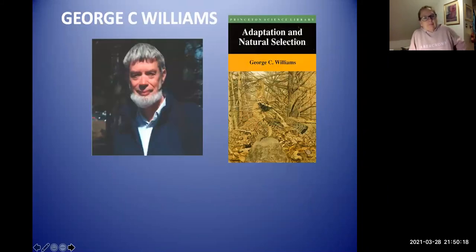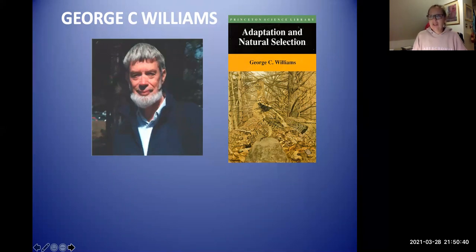And we're going to talk about George Williams. Do you know where George Williams worked? Stony Brook University. He was actually a really nice guy. He was really kind and gentle, and he belonged to the National Academies of Science.